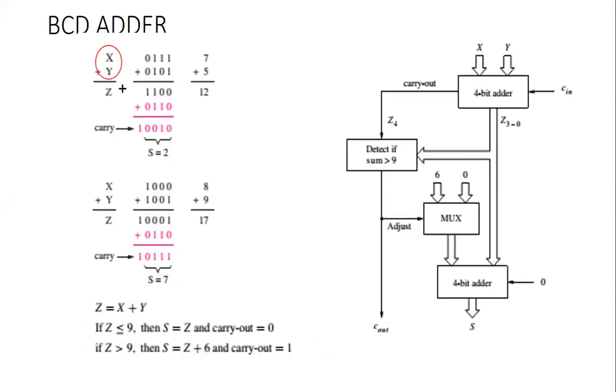I've taken an example, X plus Y. Now X is 7, Y is 5. Now 7 plus 5 is equal to what? 12. Now when you're performing addition using a BCD adder, assuming 7 and 5 are hexadecimal numbers, in that case, what happens?